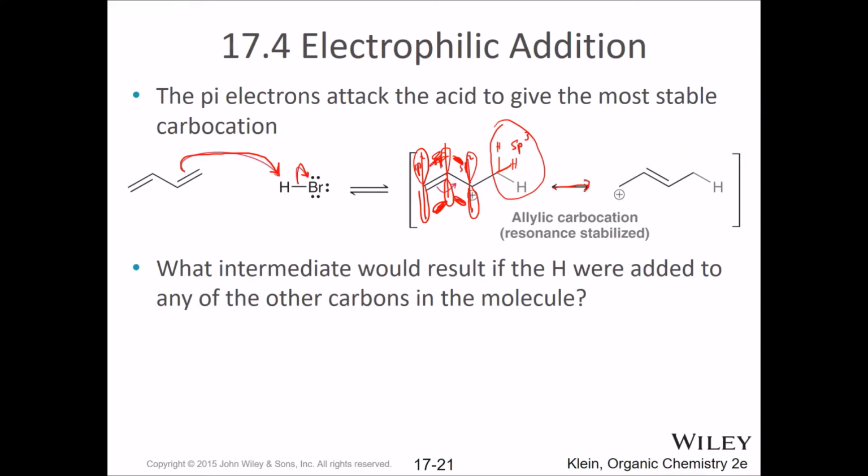What we get is resonance, right? Now, it turns out this is not an equilibrium. Be very careful. This is a resonance, and what that means is that the real structure is some combination of these two, which we sometimes draw like that. We have a partial positive on this end, partial positive on that end. You see that?